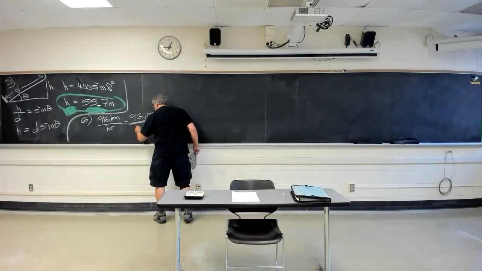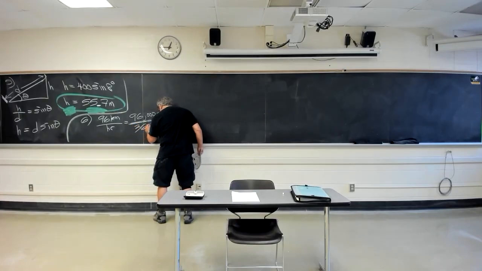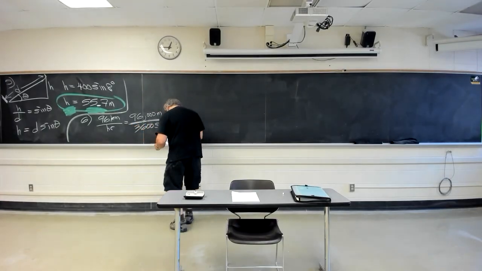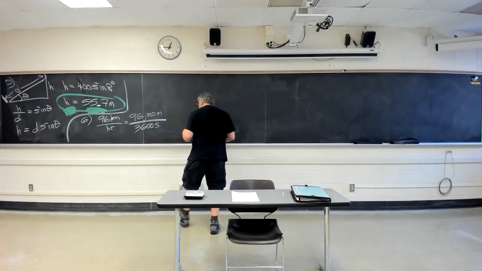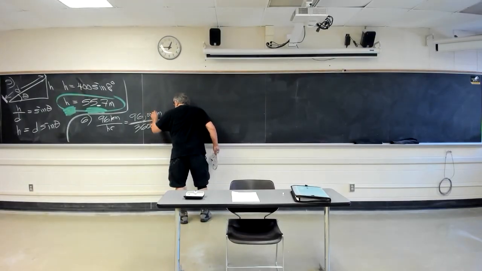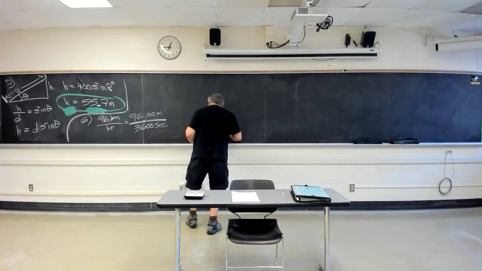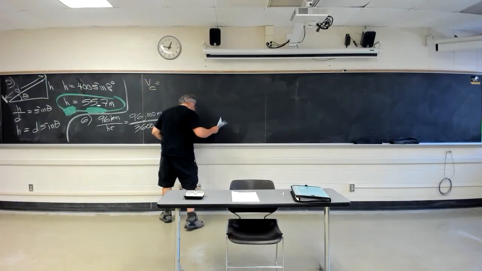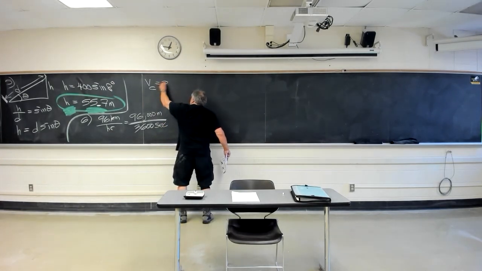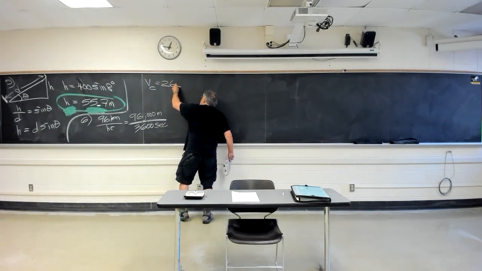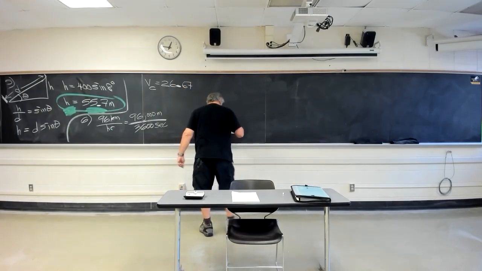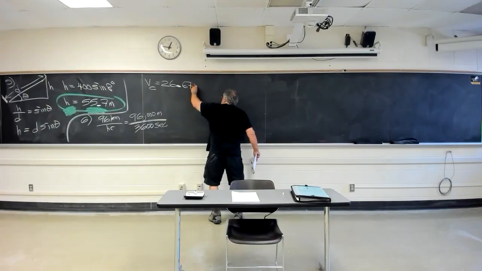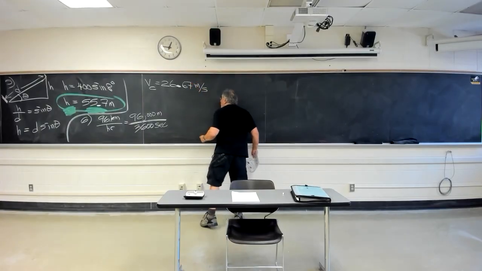Every minute has 60 seconds. 60 times 60 is 3,600. Take these two, do the division. The magnitude of the velocity of the cheetah chasing the gazelle is 26.67 meters per second.